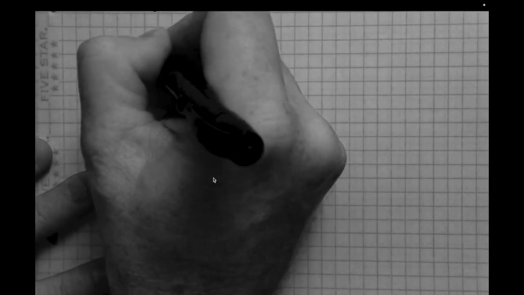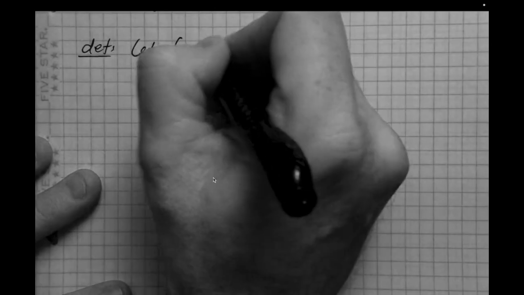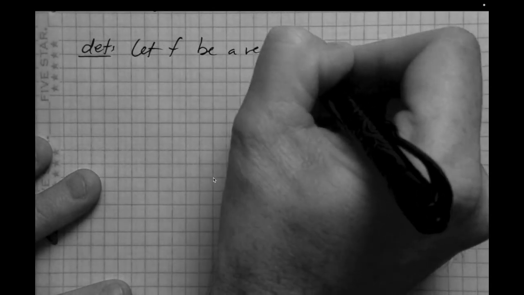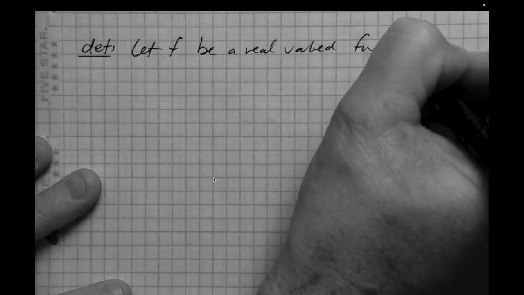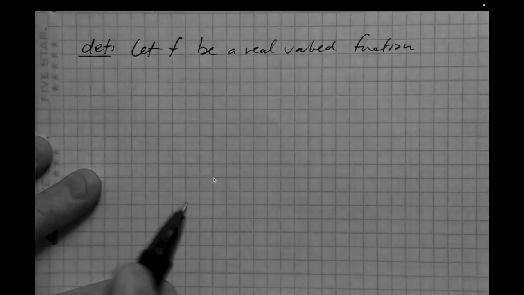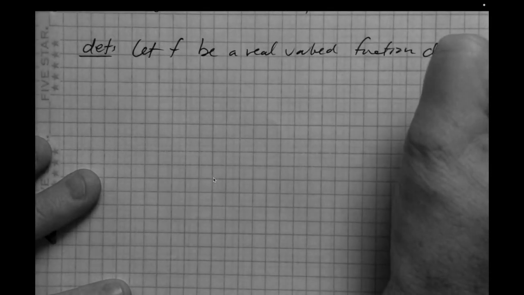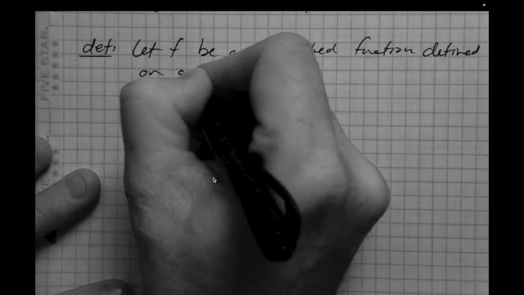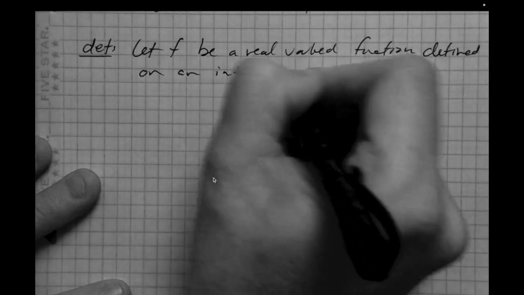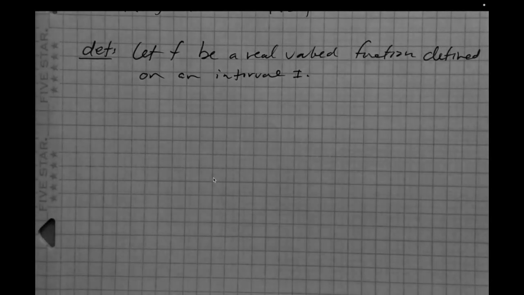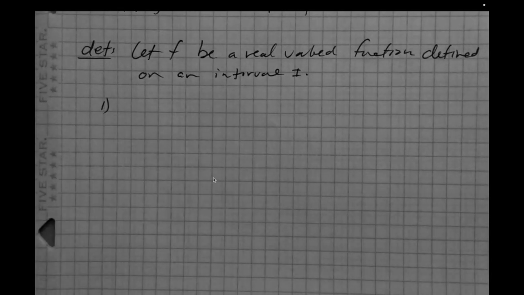Let f be a real valued function defined on an interval. There are a couple of options here. F can be monotone increasing, decreasing, or strictly monotone.